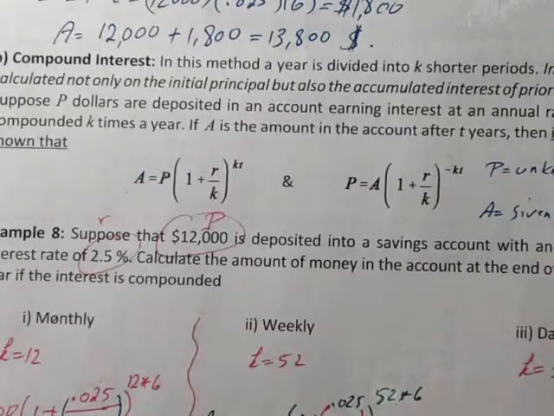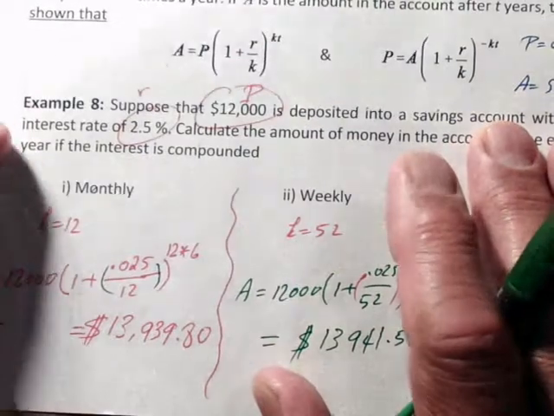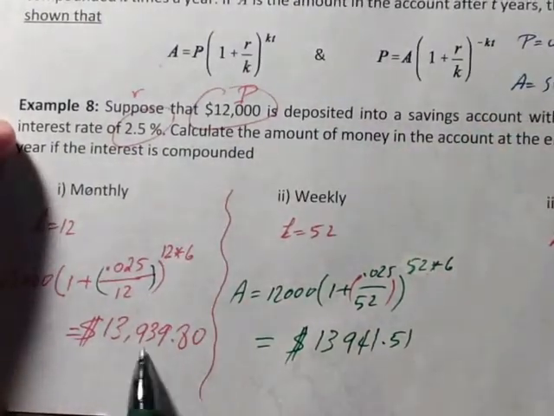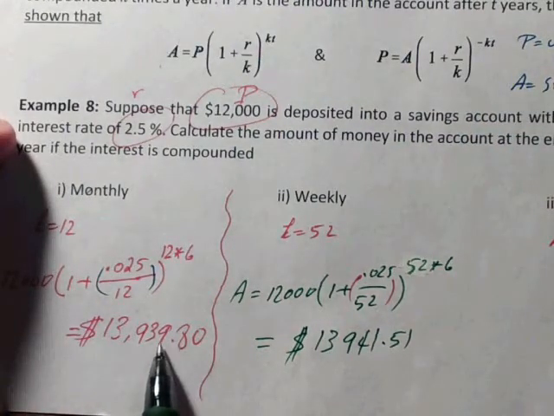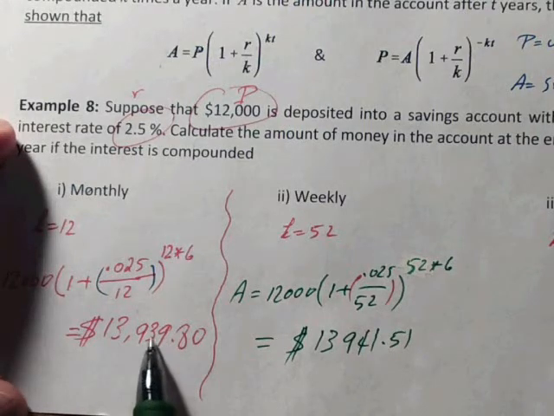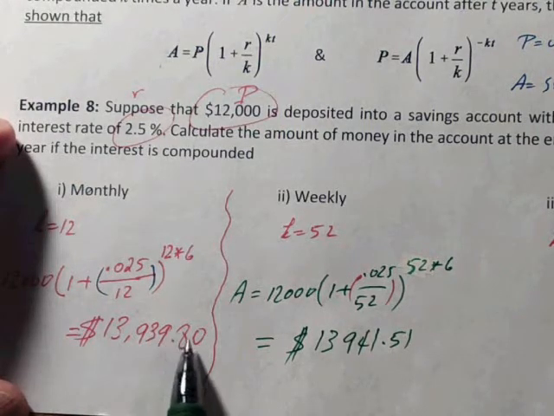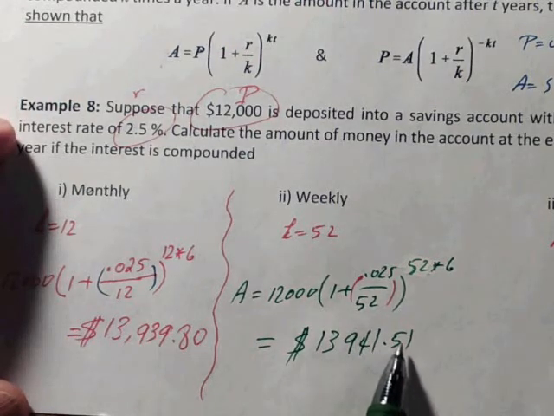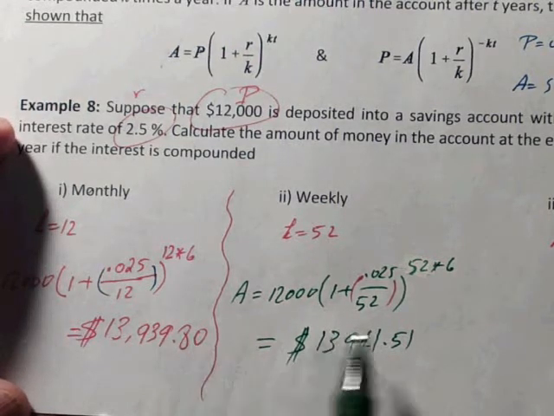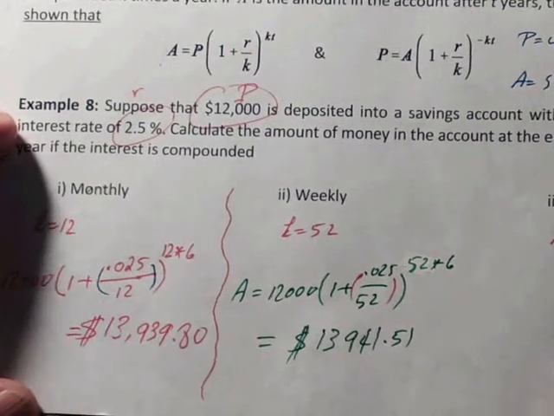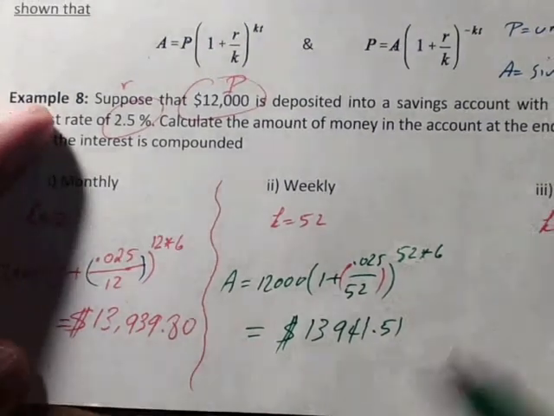As you can see, it's even bigger than the previous. So if you do it weekly, you get about $2 more. You see, this is 39.80. This is 41.50. So about $2 more, which is good. Even a penny more is better than none.